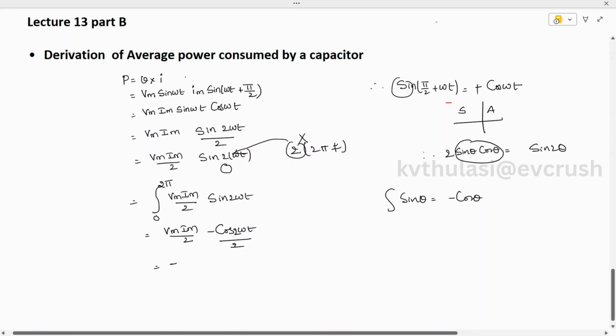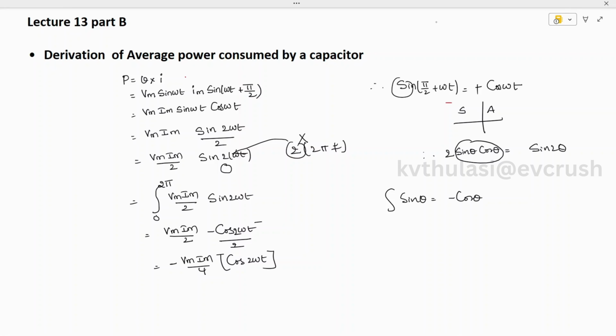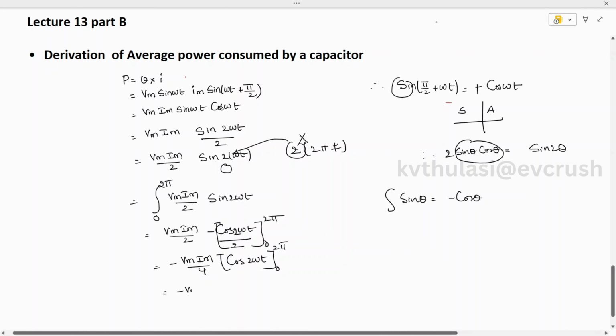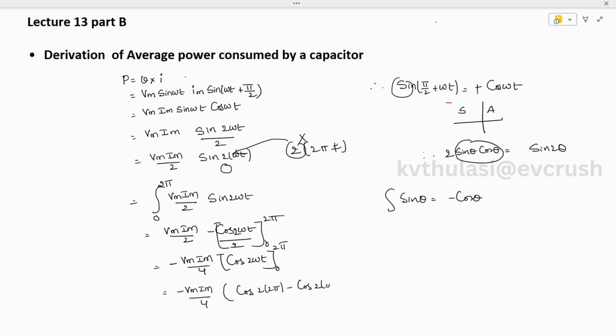Therefore this is minus Vm Im, 2 into 2 is 4, into cos 2 omega t, and the integral is varying from 0 to 2 pi, which is minus Vm Im by 4 into cos of 2 into 2 pi minus cos 2 into 0.